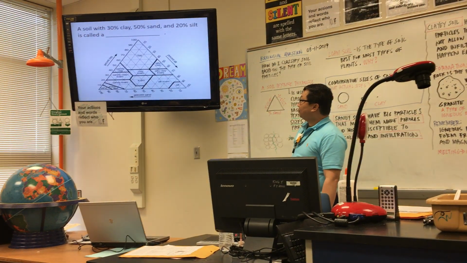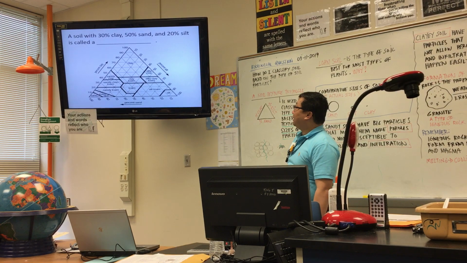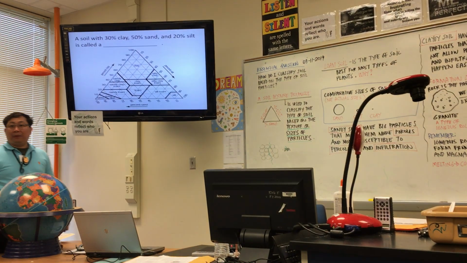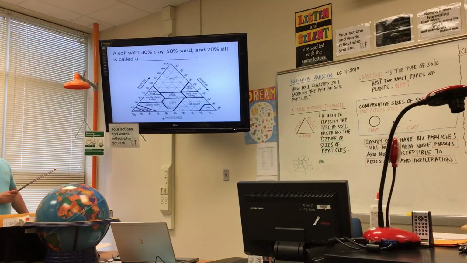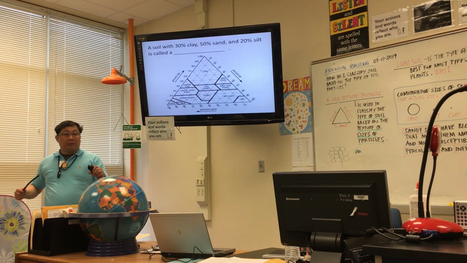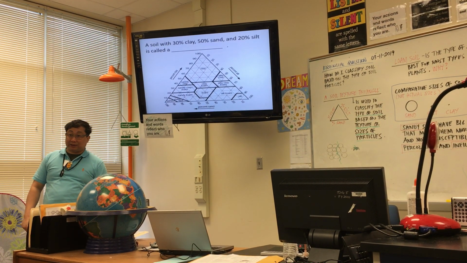Now, a soil with 30% clay, 50% sand, and 20% silt is called what type of soil? Everybody, look at the TV. So this is what you will be doing most probably in your benchmark or in your test.